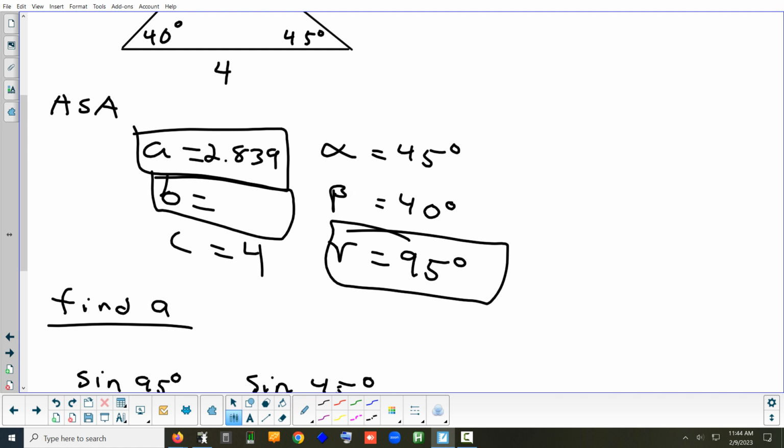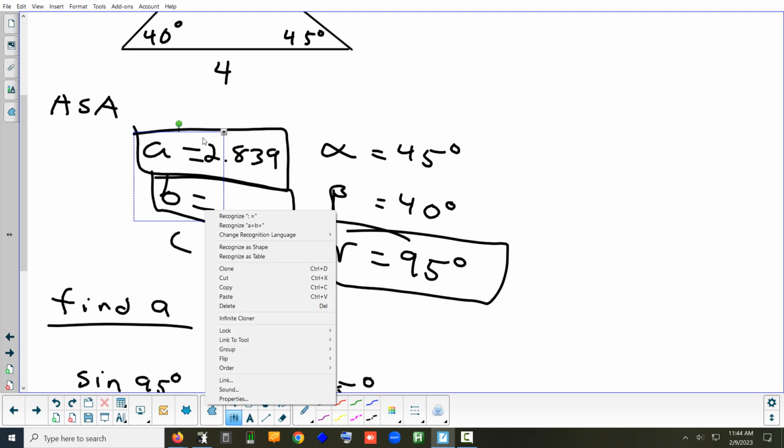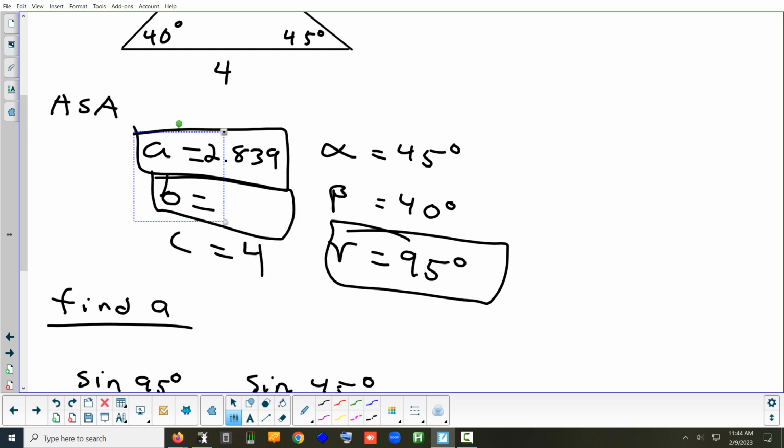It has to be less than A, because it's the smallest angle, so it has to be the smallest side. But it can't be too small, because if you add these two together, they have to come out bigger than 4. So let's say B came out to 0.5. That's too small. 2.8 and 0.5 isn't bigger than 4. So you can kind of figure out, it's got to be between roughly 1.2 and 2.8. It's got to be somewhere in that area.